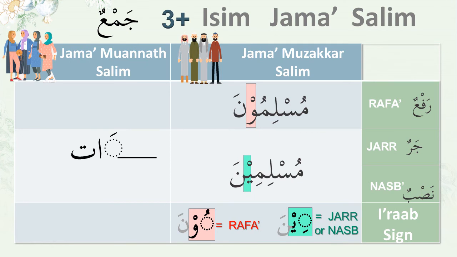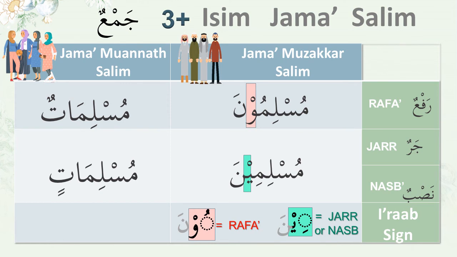Jamak muannas salim are plural feminine isim which end with a long vowel a followed by the letter ta. An example of jamak muannas salim is the word for many Muslim women, muslimatun and muslimatin. Muslimatun is rafa because it ends with dhamma.